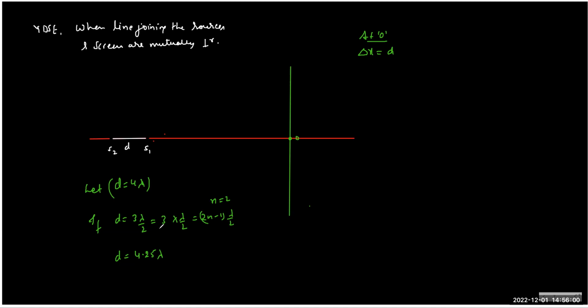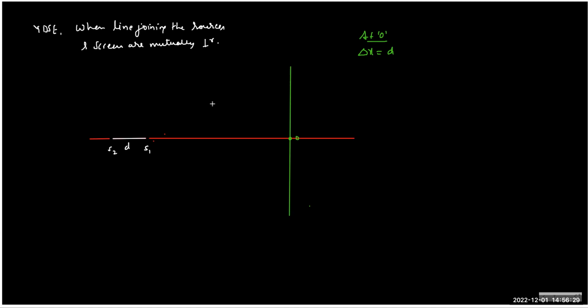So the whole idea is what will happen at O, only D can decide. Now we have lost control over what will happen at O, which was something we were deciding earlier. And not only that, as we move away from O, the order will decrease because the path difference will become smaller and smaller, right?